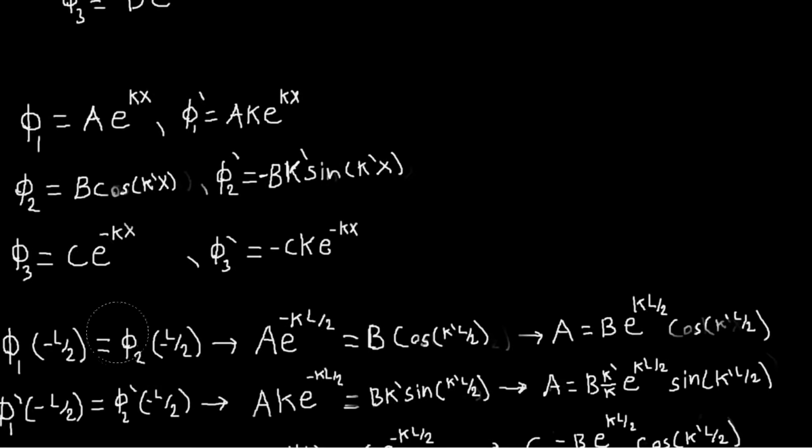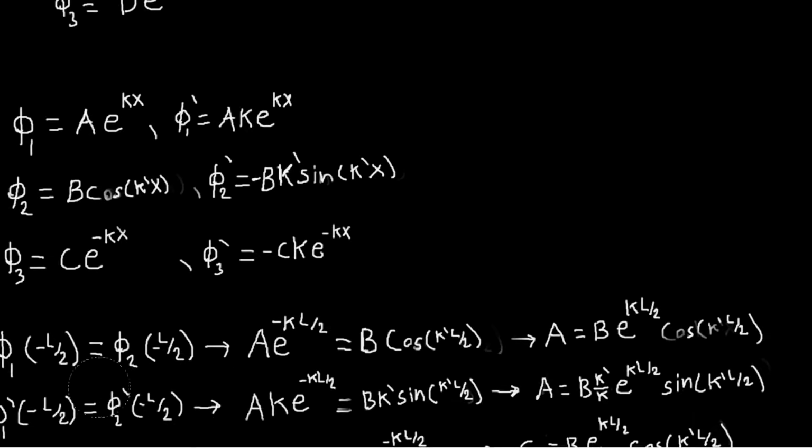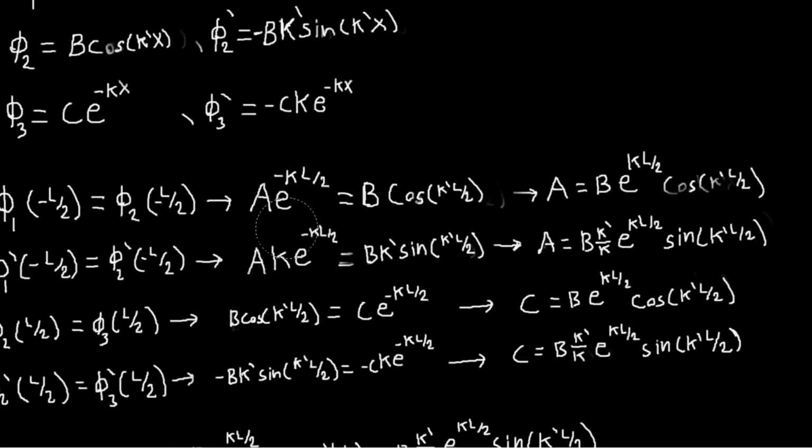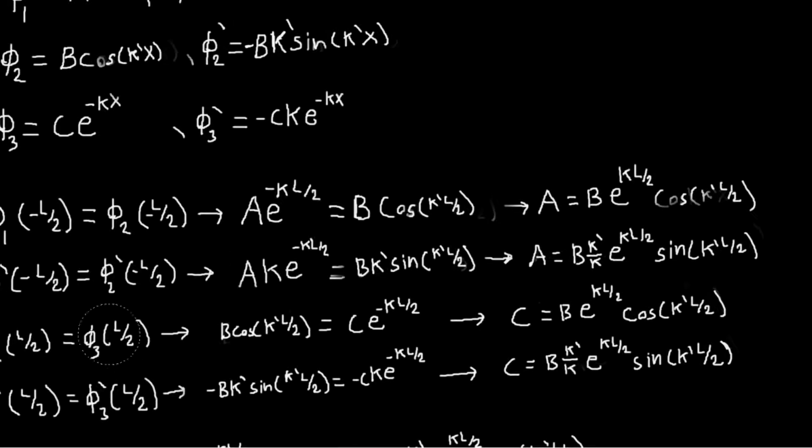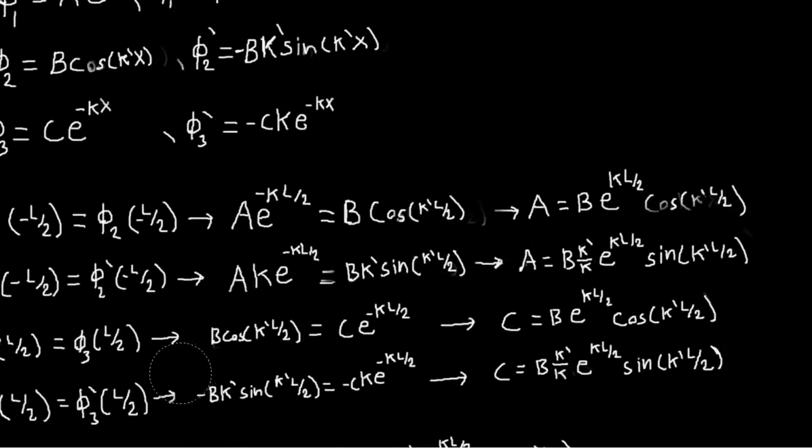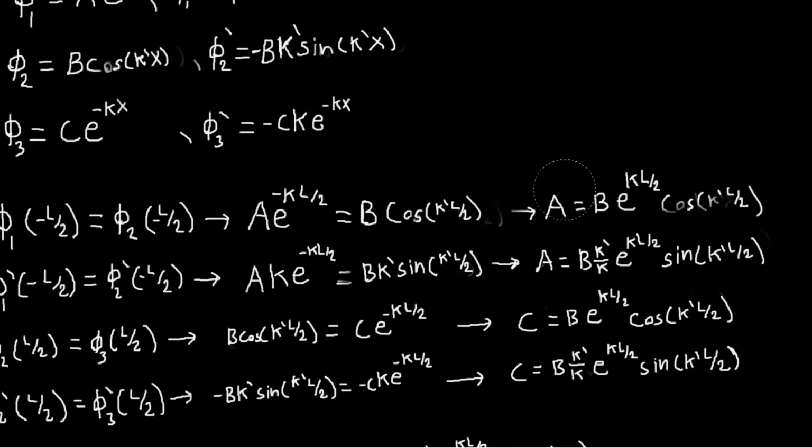The derivative of phi1 at minus L over 2 and the derivative of phi2 at minus L over 2 should be the same, so that our derivative is continuous, and that leads us to this equation. Then we'll have two more equations that are just the same thing applied at the right wall. At L over 2, we need phi2 to equal phi3 and phi2 prime to equal phi3 prime. So we'll have these four equations in total.